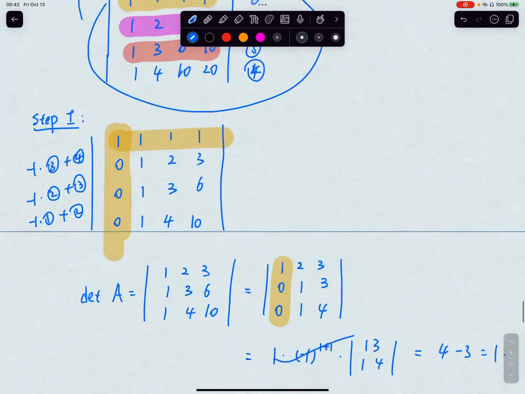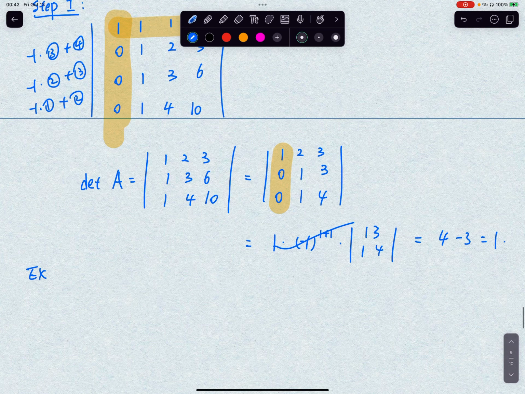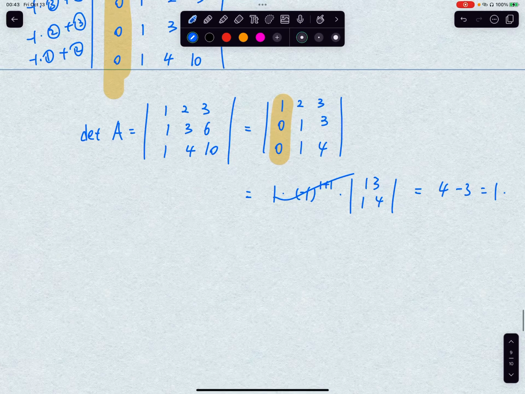And now we offer another trick. Or actually, we shall introduce an algorithm. That is, we generalize example 7.